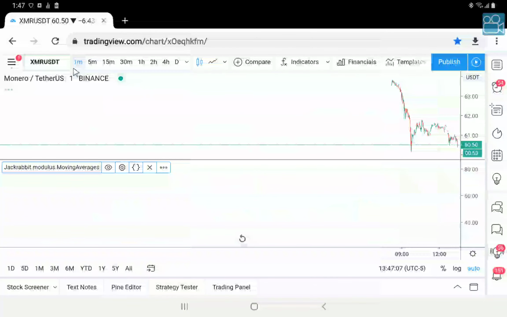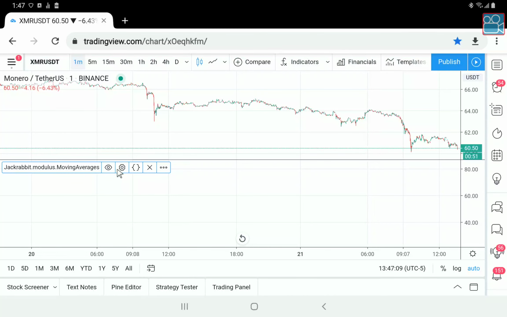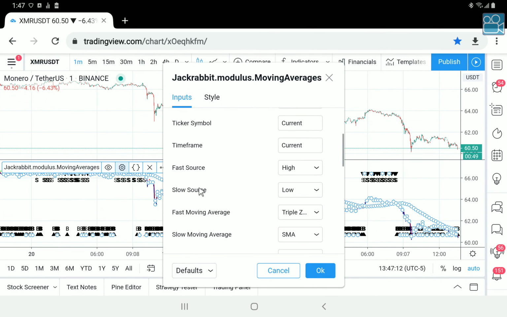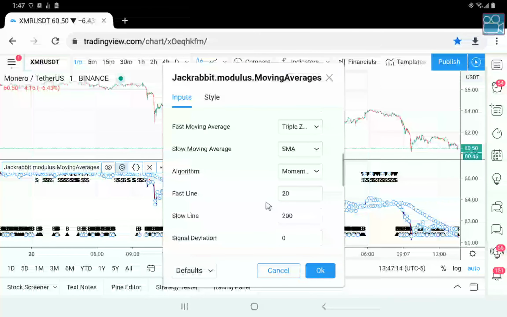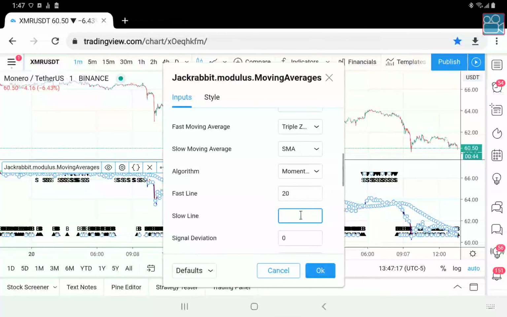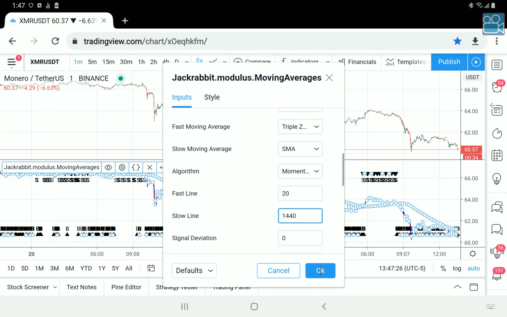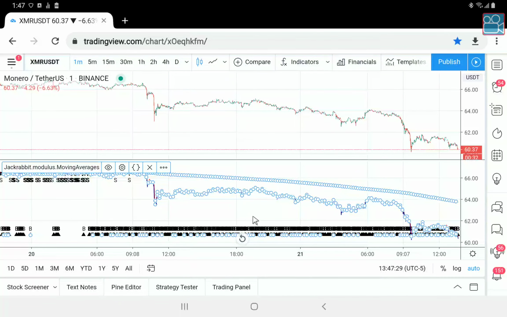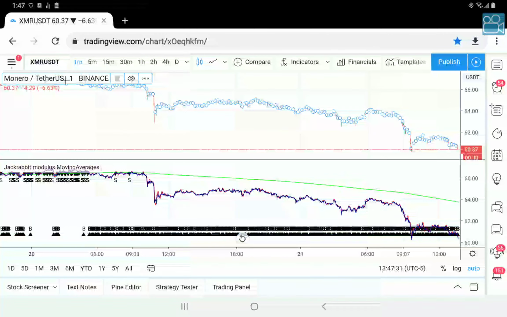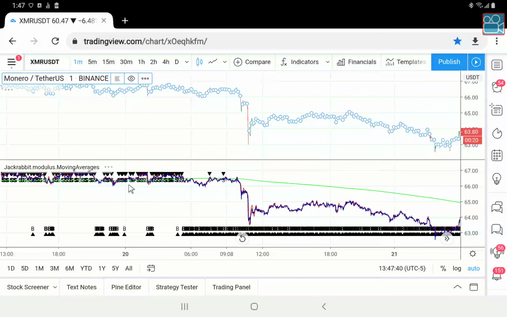Let's go to the 1 minute. And let's amp up the slow line dramatically. Let's go to a 24-hour period on the slow line. Now you begin to really see a very strong filtering point that can be applied.